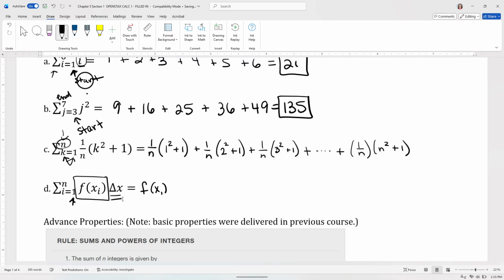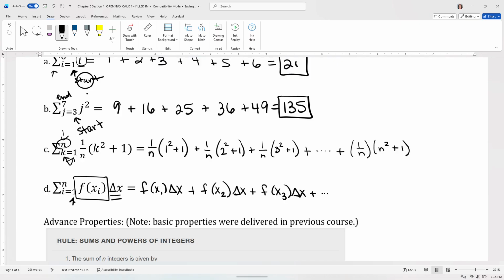Now this delta x, it's a constant. Again, we don't know what it is. It doesn't have an I in it. So it is what it is. Later on, if they tell us what it is, then we'll put it there. But right now we don't know. The next one is going to be the function evaluated at the second x. The next one is the function evaluated at the third x.